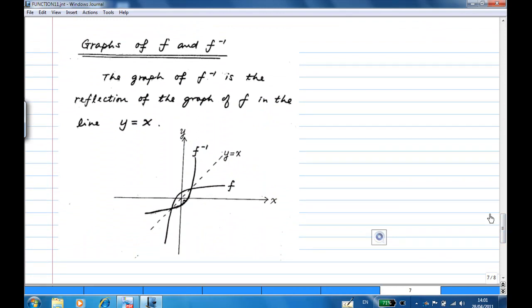Next, we will talk about the graph of f and f inverse. Given the graph of a function f, if this function has an inverse, the graph of f inverse is obtained by reflection of the graph of f in the line y equals x.